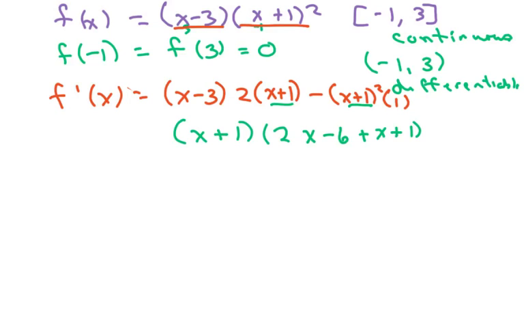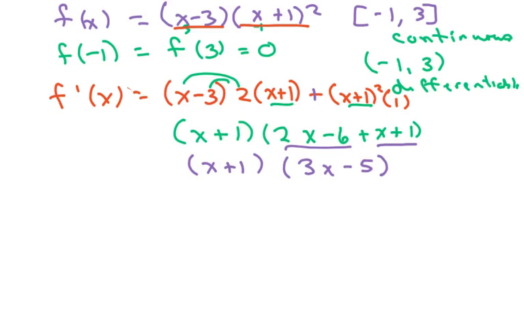And basically what I did is I distributed these two and got this, then I added this. Alright, and this should have been a plus, sorry. Now, cleaning this up, we get x plus 1 times 3x minus 5.